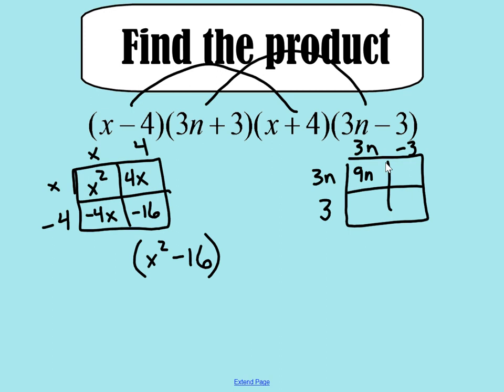So I get 9n squared there. Okay, so when I do that, I'm left with the 9n squared minus 9. Now I can multiply those two things together, and I will have my answer. So go ahead and do my box.